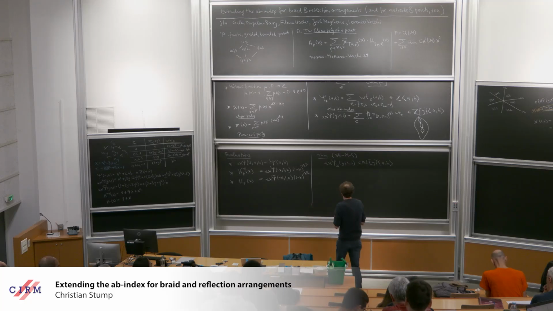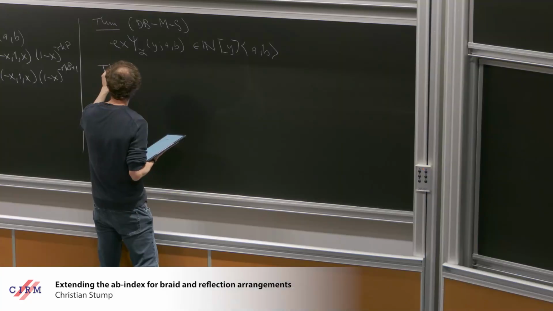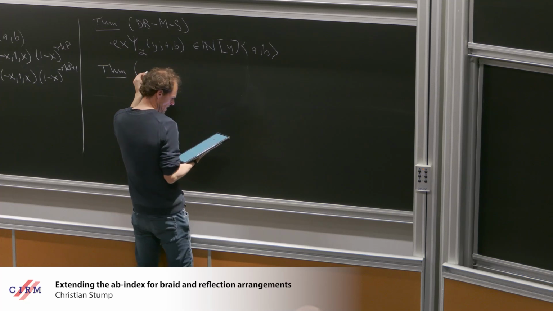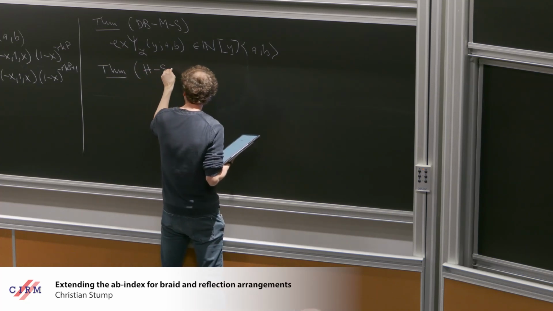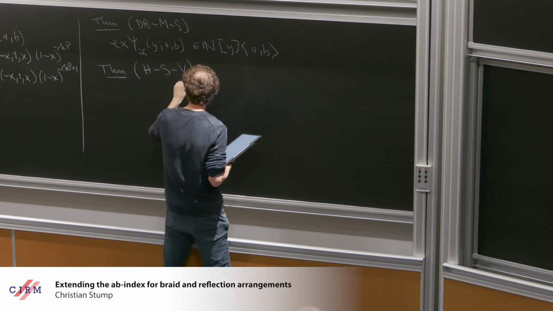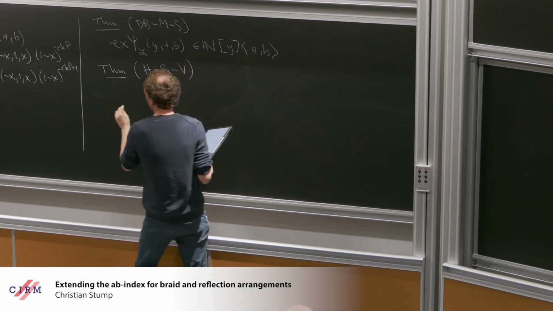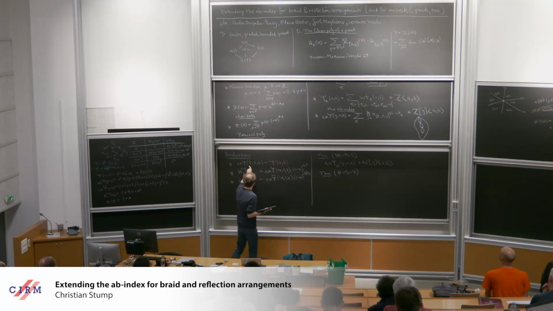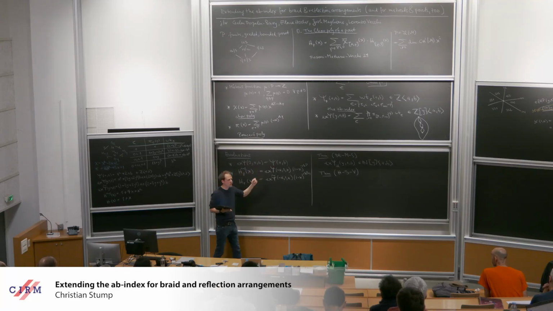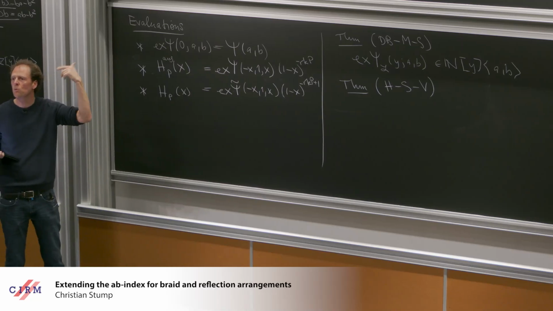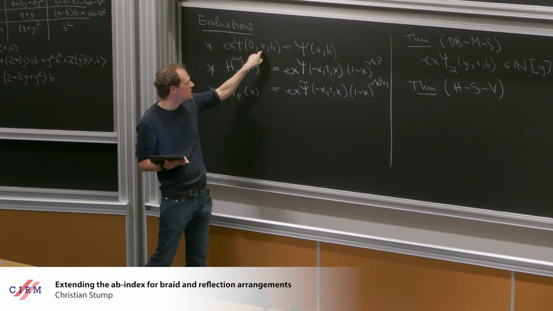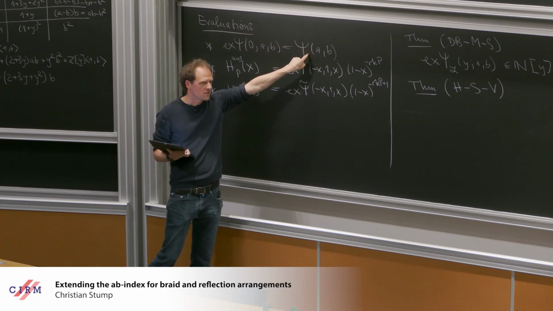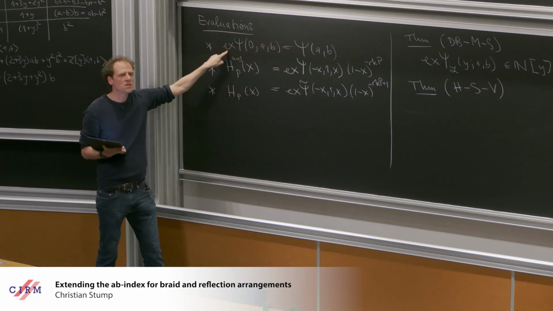And a second theorem with my student Elena and Lorenzo Vecchi is the following. So here we see how to get from the extended AB index to the AB index back by a trivial evaluation, because the constant terms of these Poincaré polynomials were all 1. But you can also go the other direction. So not only this guy knows this guy, but also the AB index already knows the extended AB index.